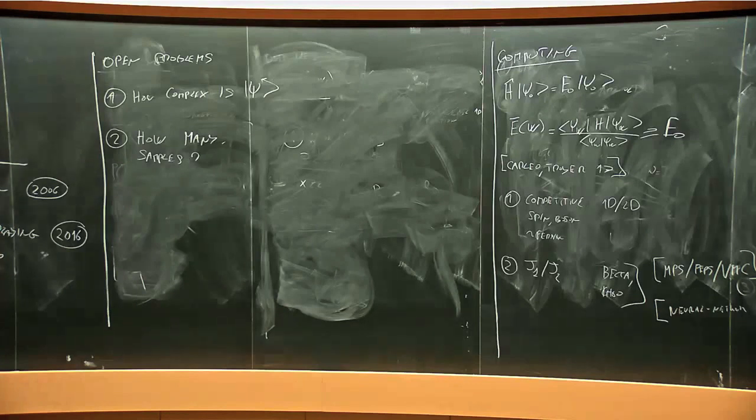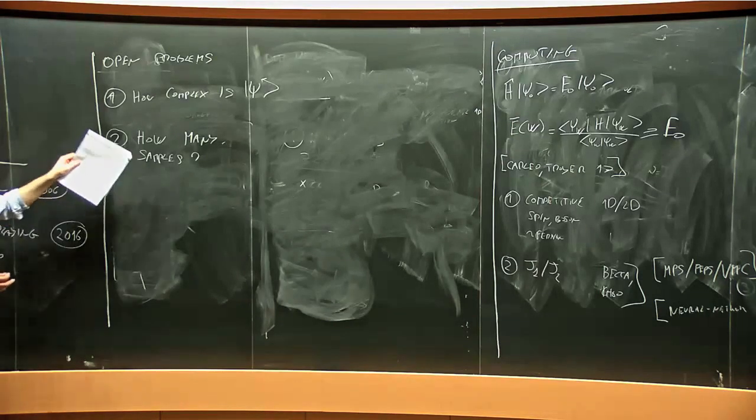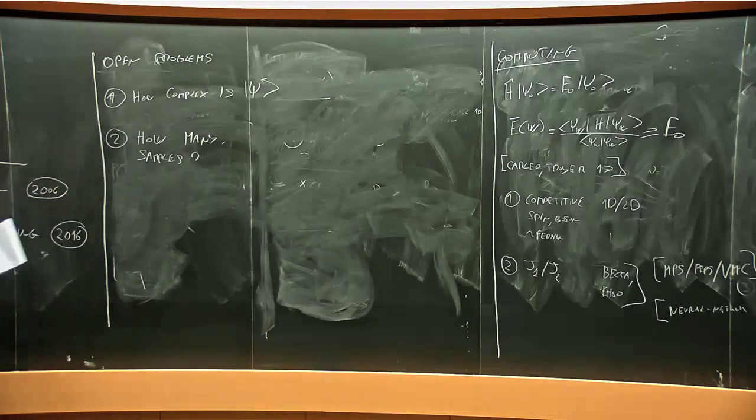This is an important question, especially since we are progressing in this field and we are able to reconstruct more and more complicated states with a lot of particles, but we don't understand yet this fundamental question. So how many samples do we need, and what defines the complexity of the quantum state ultimately?